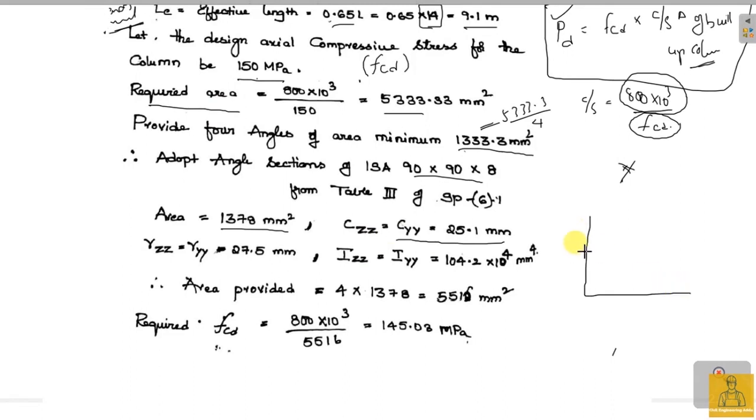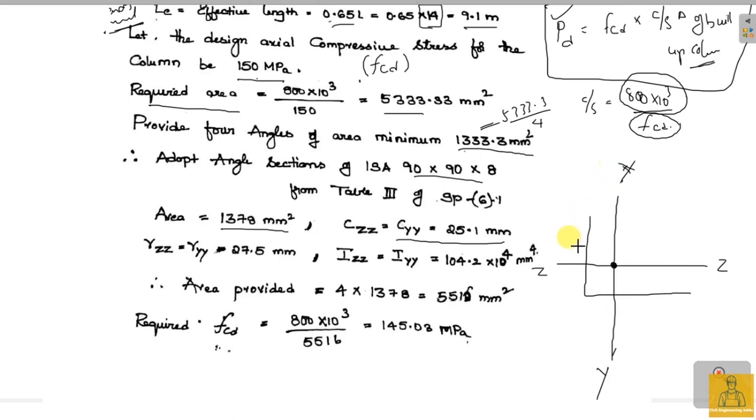This is the angle section, and this is axis y, and this is axis z, and this is the centroid. So YY and ZZ are the axes passing through the centroid of this angle section.